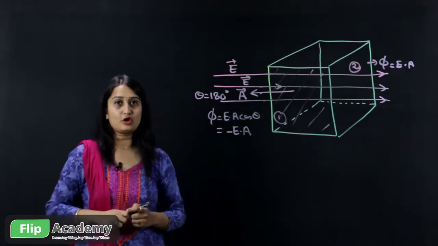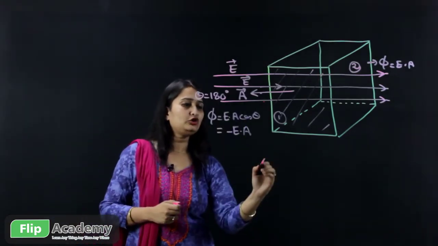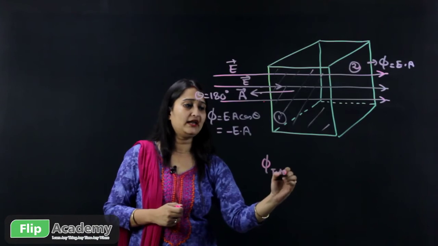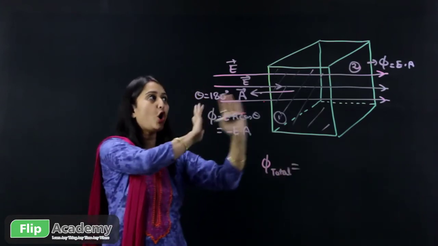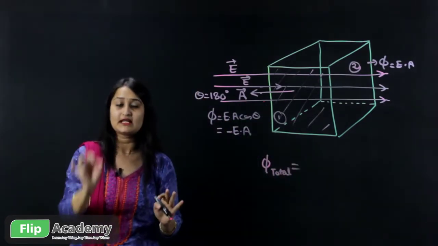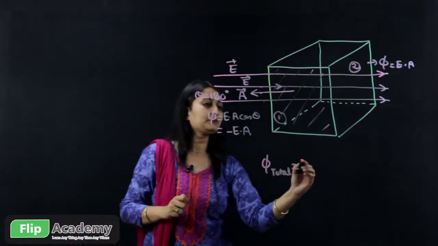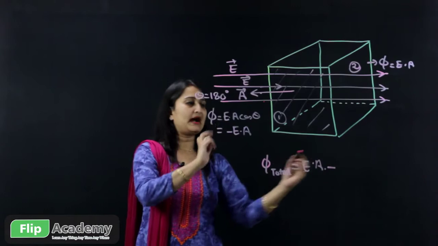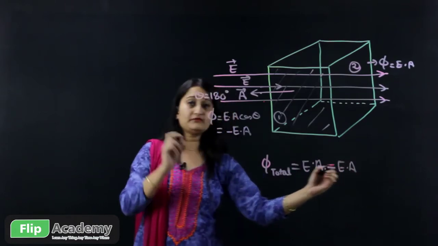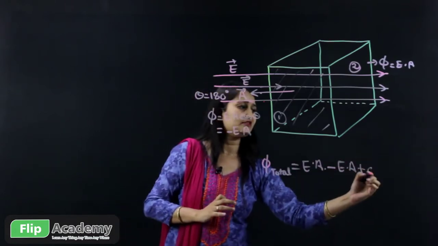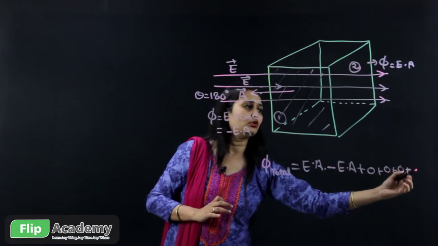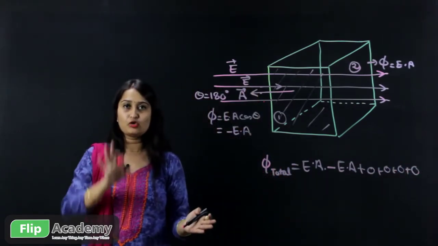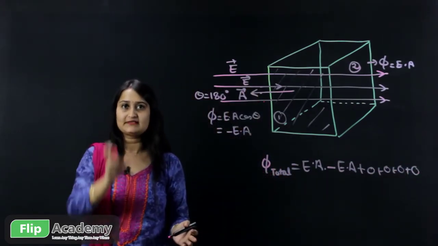So now, if we have to calculate the total flux over all the 6 surfaces, our answer is plus E dot A of the second surface. Next is minus E dot A of the first surface, and all other surfaces are 0, because we have already calculated that 4 surfaces are giving you the flux 0.